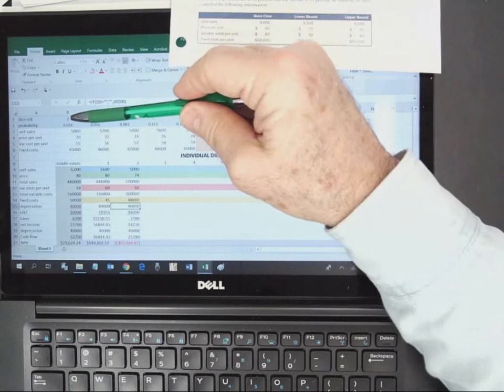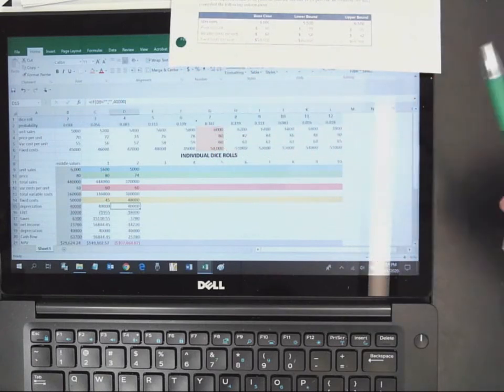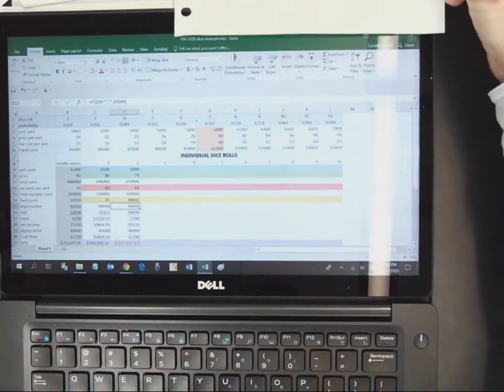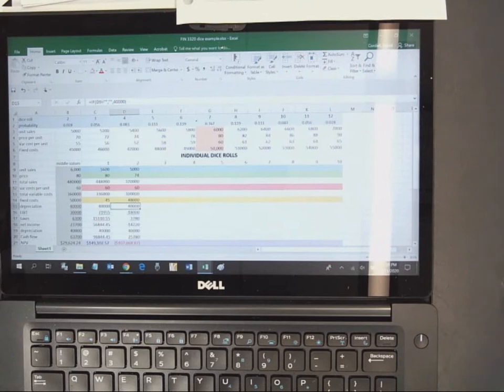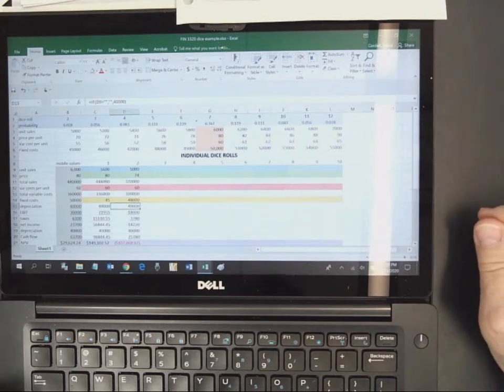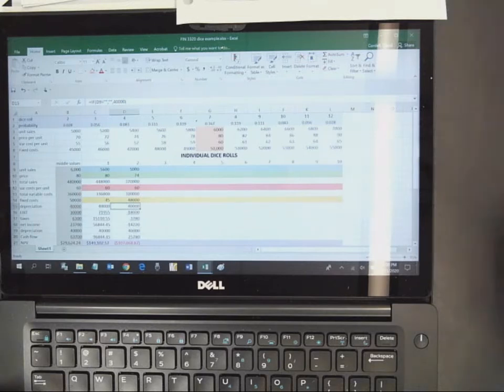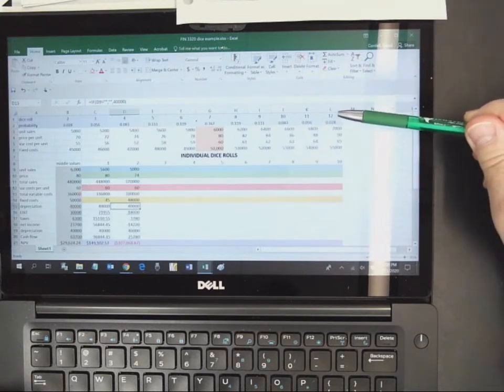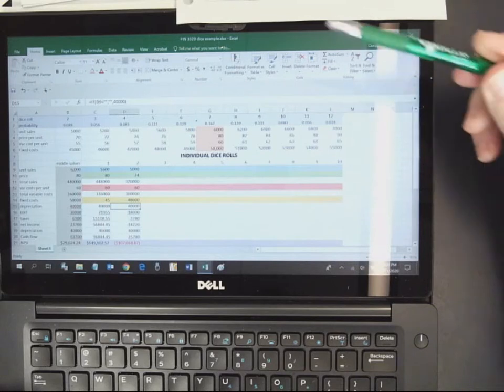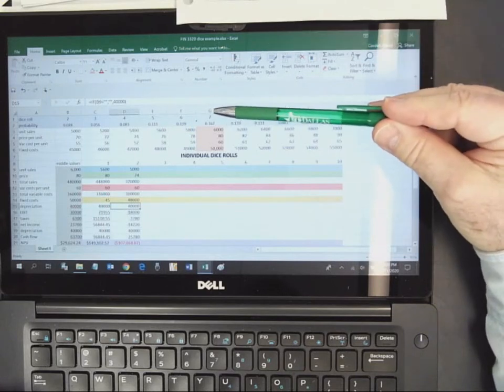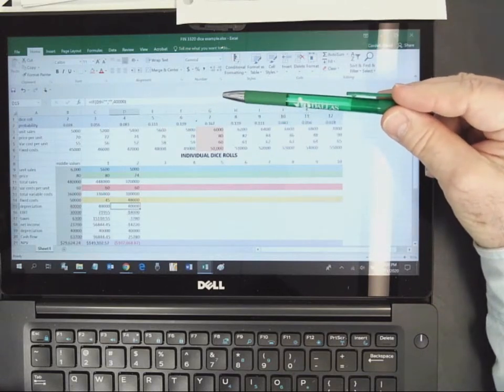I've associated them with dice rolls. Most of you are probably aware that with two dice, there are 36 possible rolls. There's only one way to roll a 2, and that's a 1 on each die. And there's only one way to roll a 12, and that's with a 6 on each die. But for a 7, you can roll a 1 and a 6, a 2 and a 5, a 3 and a 4, a 4 and a 3, a 5 and a 2, or a 6 and a 1.